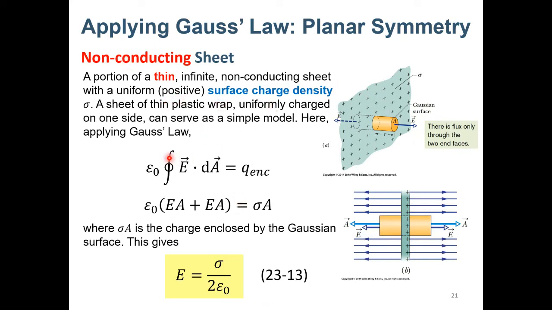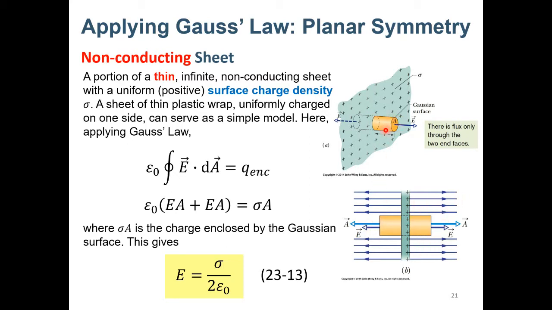So here we apply the Gauss law for this one. We have a thin, infinite, non-conducting sheet, and the surface charge density is sigma. So it will generate the E field on the left side and on the right side.